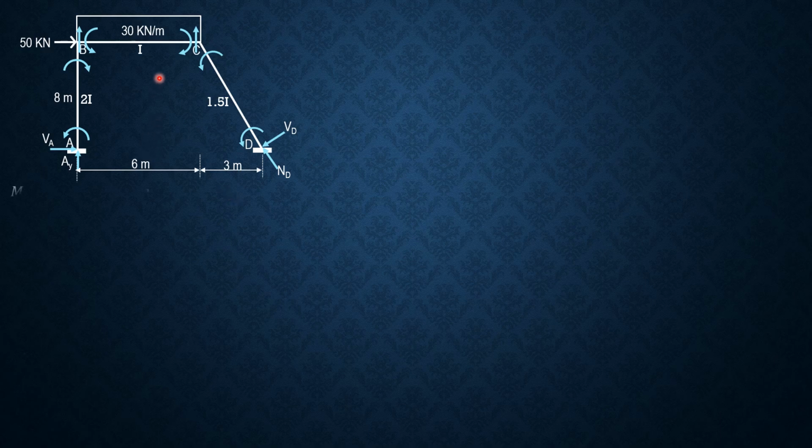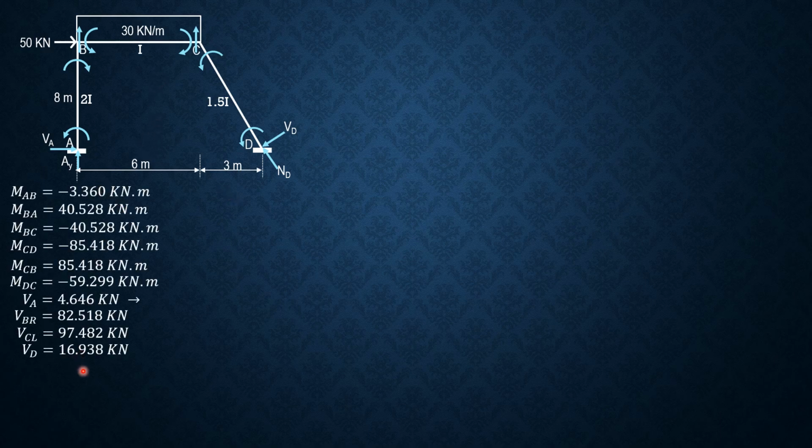So this is the figure, then these are the results. So we begin with the shear force diagram first. VA, so 4.646 negative, then constant, it should close there.